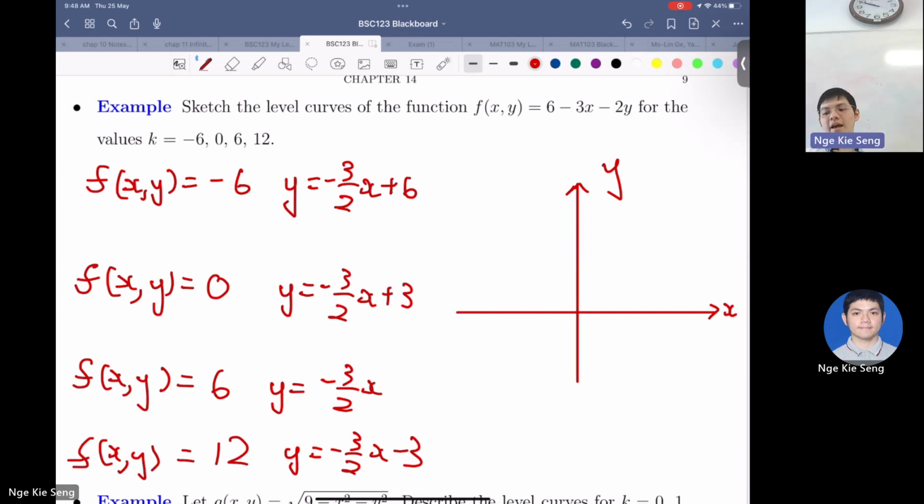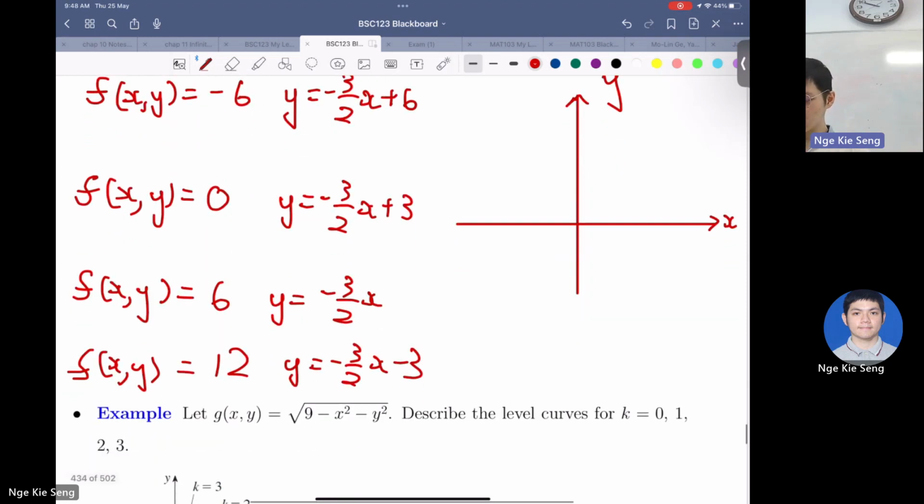Okay, y equals to minus 3 over 2 x. It is just y equals to minus x slanted a bit more, and then shifted differently. One shifted by 6, one shifted by 3, one shifted by 0.